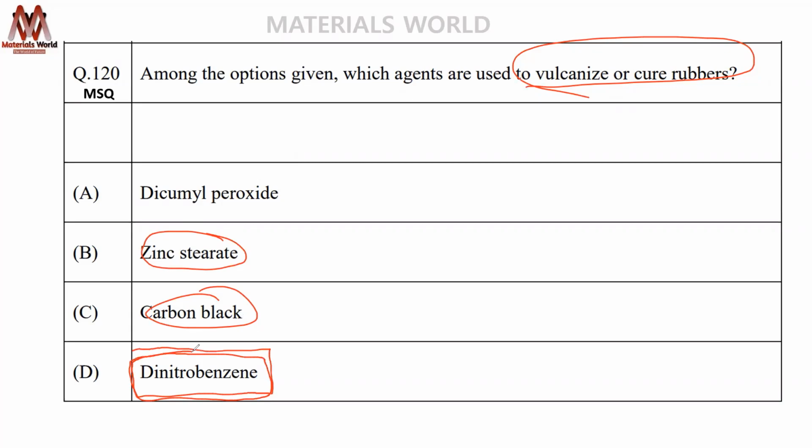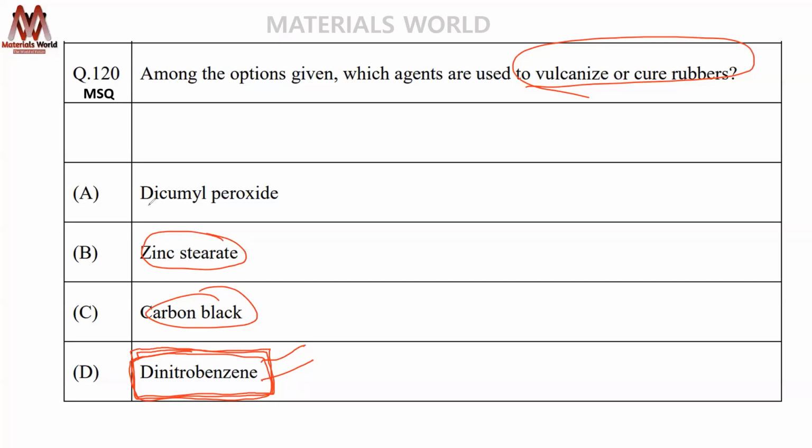It is not advised, and normally it is replaced by other vulcanizing agents or curing agents, but it can be used: dinitro. Whether it is dinitro or dicumyl or whatever, that means it will have two functionalities or more than one functionality, that can give you two hands for cross-linking, right? So that is common sense.